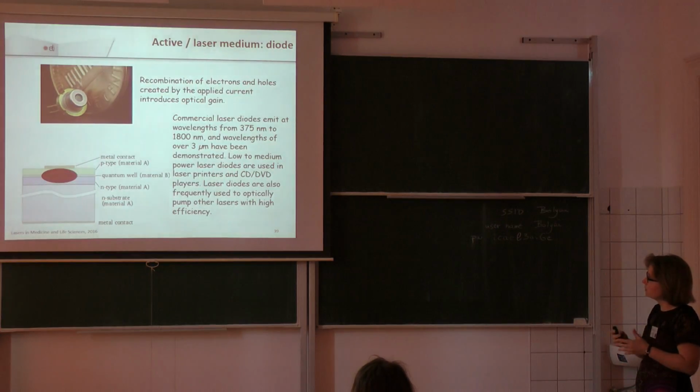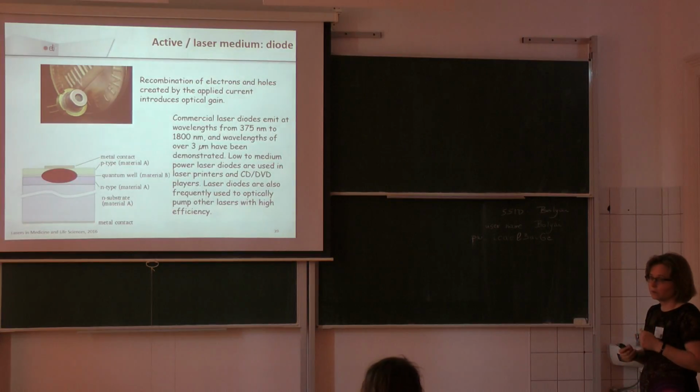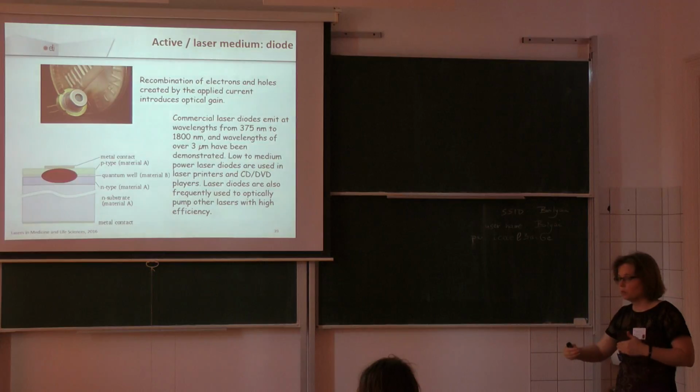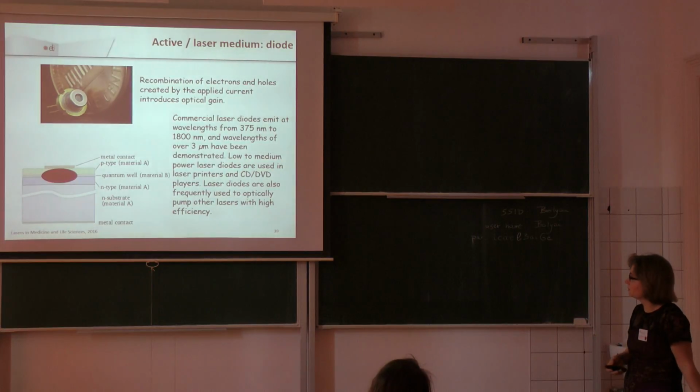Commercially available laser diodes have wavelengths from 375 nanometers to a few microns, and they provide very low power laser light. This pointer has a diode laser inside, but they are very simple. You can see the size here, so you can use a high number of these diode lasers to pump other laser systems.